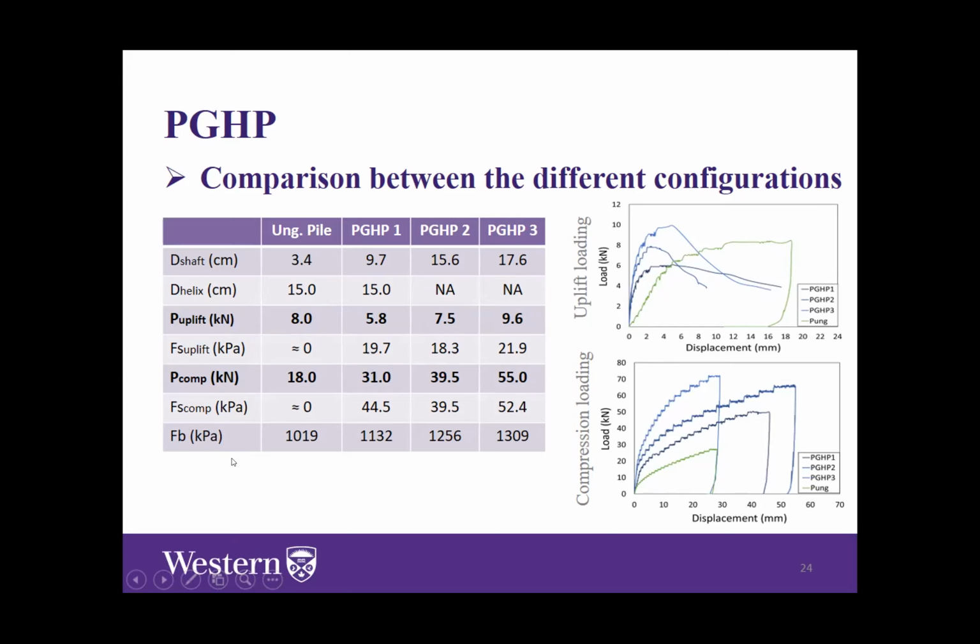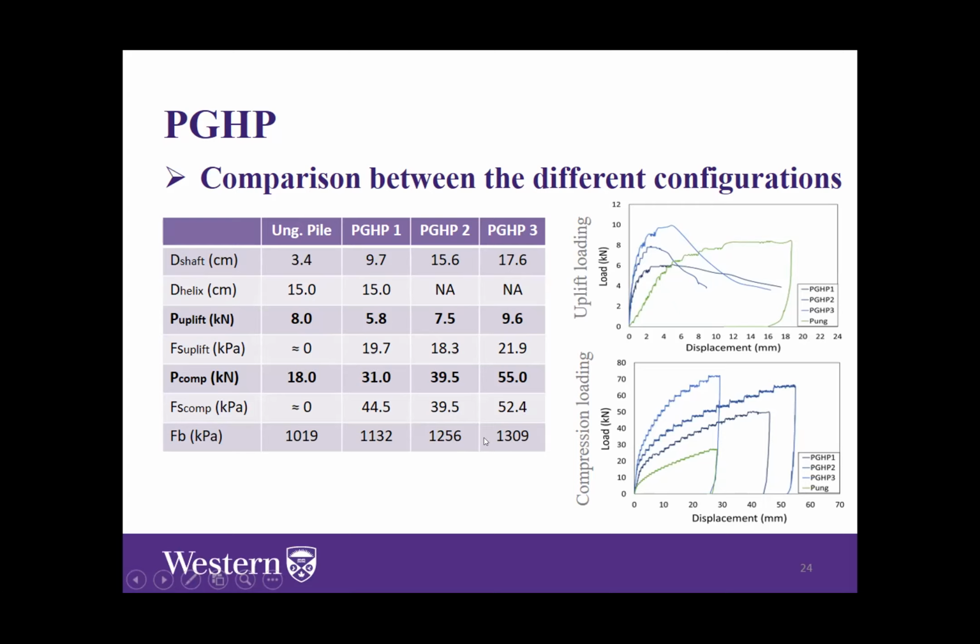The unit end bearing resistance, which is the end bearing resistance of the supporting soil, for the classical helical pile is 1019 kPa. It slightly increases to 1132 for pressure grouted helical pile 1, and it further increases under pressure grouted helical pile 2, and further increases under grouted helical pile 3.